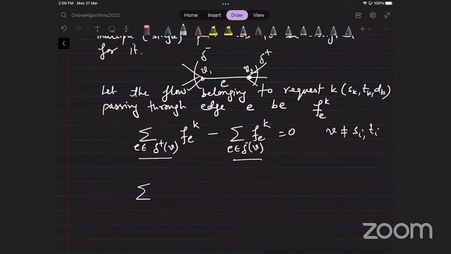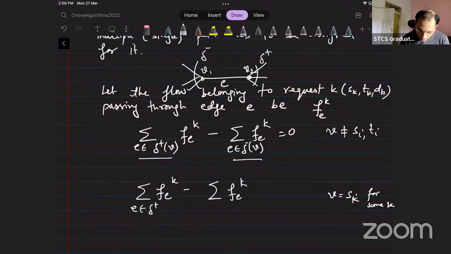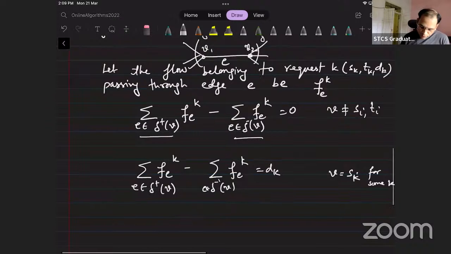Now for a V, for some K: the sum of f_e^k over e belonging to delta plus of V, minus the sum of f_e^k over e belonging to delta minus of V, should be equal to d_k, which has to be sent out from that particular node which is a source s_k.